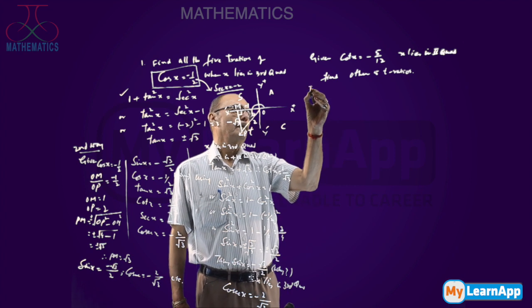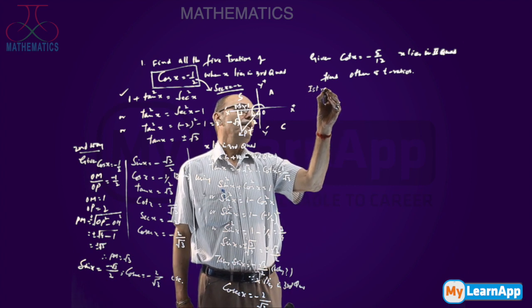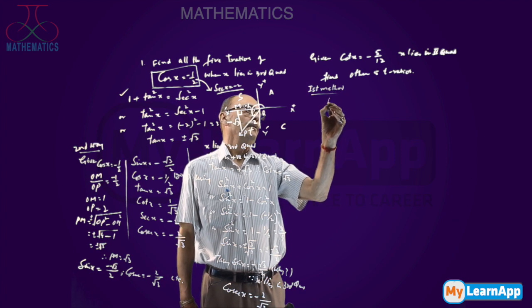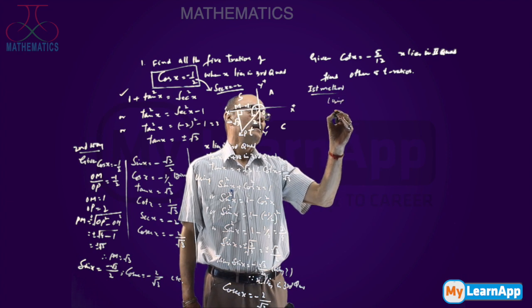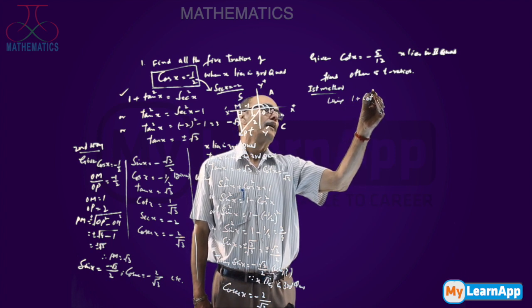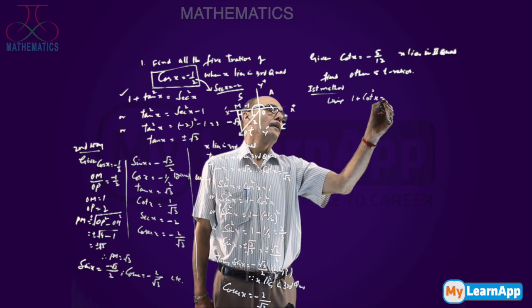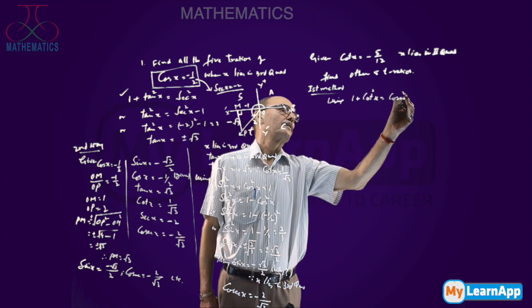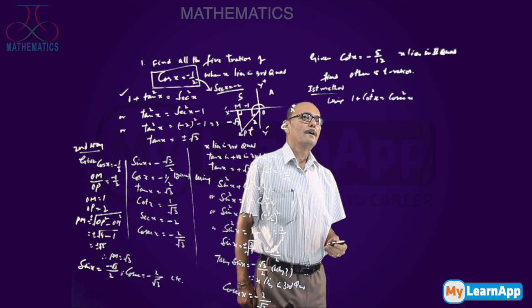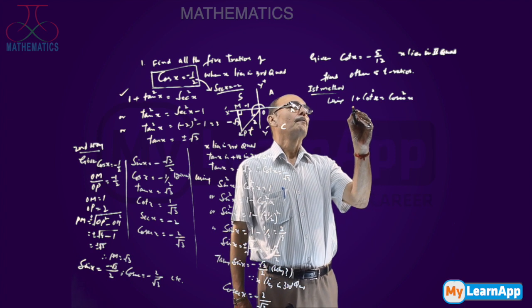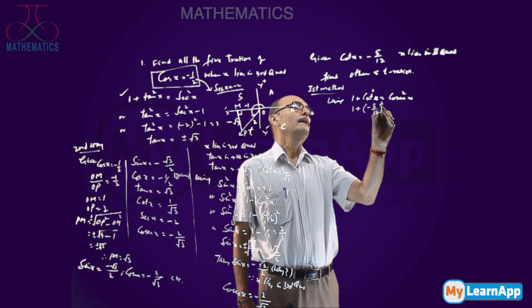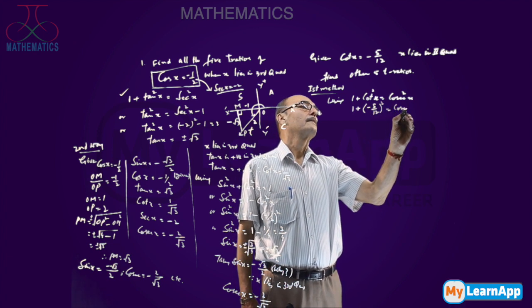So the first method is using the formula 1 plus cot square A equal to cosec square x. If the angle is A, write down A, here it is x. So this is 1 plus minus 5 by 12 square equal to cosec square x.